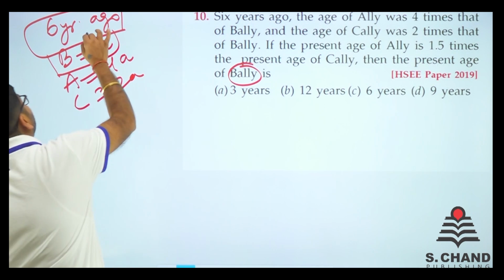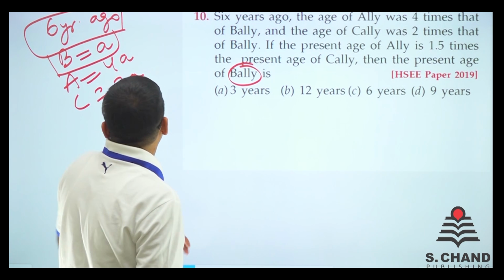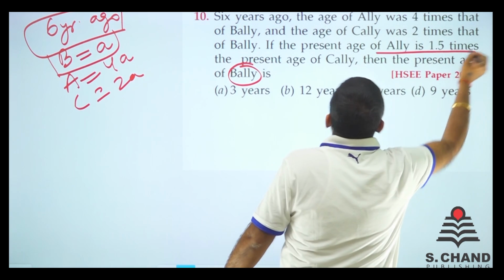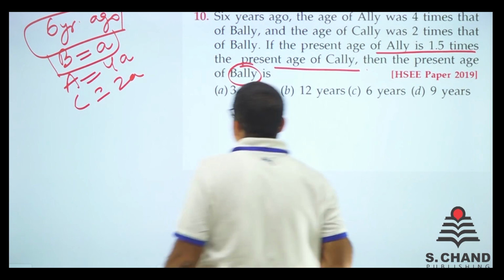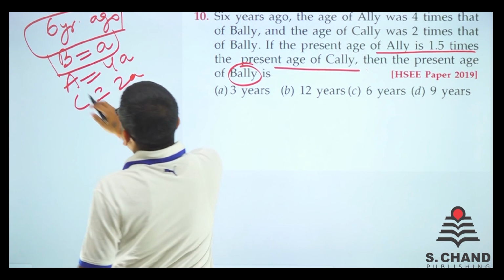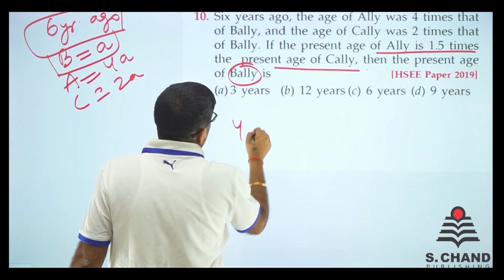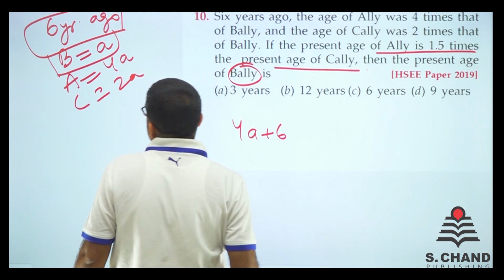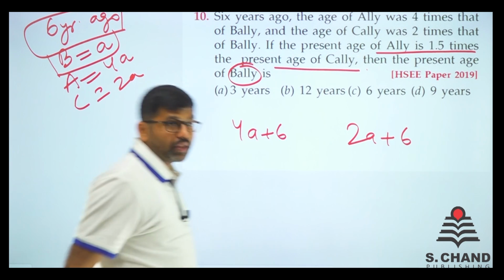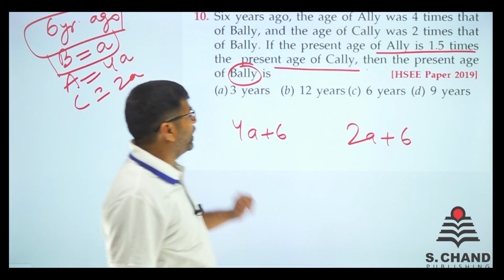It is 6 years ago, Bali is A. Now, the present age. Present age of Ali is 1.5 times the present age of Cali. So, what is Ali's present age? Ali 6 years ago, 4A. So, present age is 4A plus 6 and Cali is 2A plus 6, because 6 years ago he was 4A, today he is 4A plus 6.